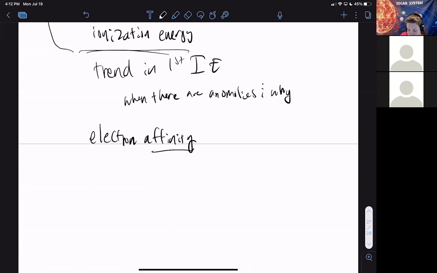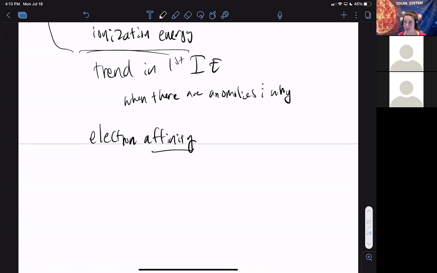When we think about our main group elements, and that's really the only ones we're going to look at electron affinities for, generally our metals are going to have greater negative electron affinities. And anything that we're going to add into new states, so our noble gases, we'd be adding into a new n value by adding electrons, so it's going to have a positive electron affinity.